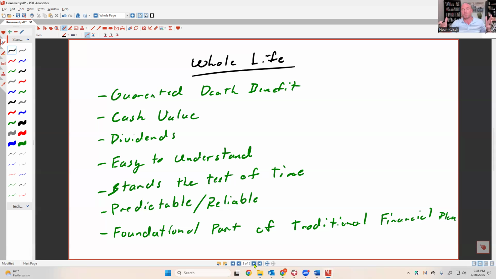Now, obviously, if the insurance company is guaranteeing coverage your entire life, that means they know they're going to pay that death benefit out. So if you have 100% probability of paying that insurance claim out, the premium has to be substantially higher than, let's say, a term policy where you're highly likely to outlive it.